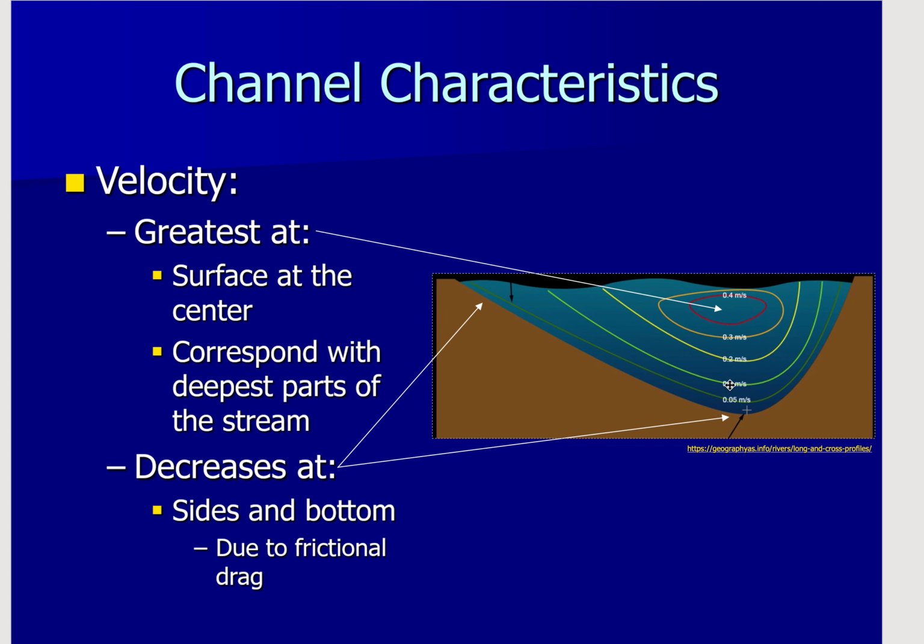Where the volume is deepest and furthest away from an edge is where the greatest velocity is going to occur. So think of this as the place where we're going to move the most material, right in this location here.